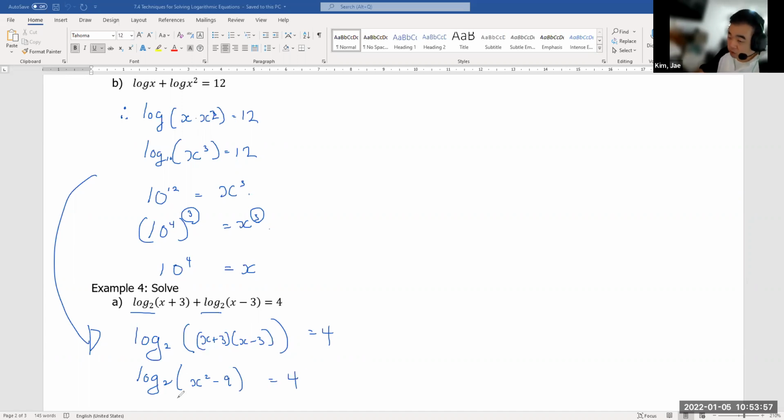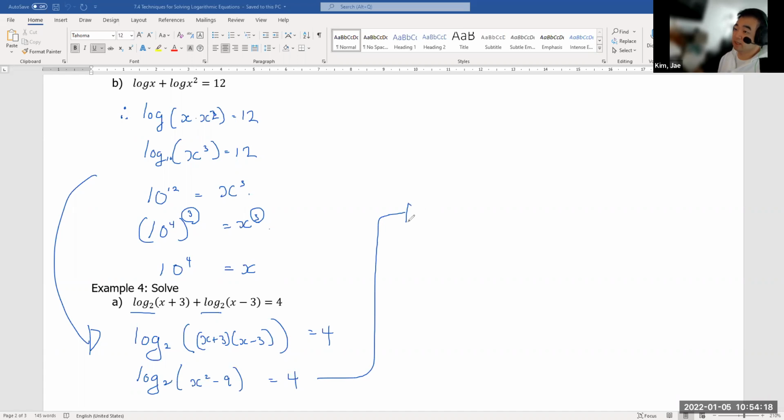I can turn this into an exponent. I also know that the answer to this must be 16 because 2 to the power of 16 is equal to that. So I don't know how you want to do it.